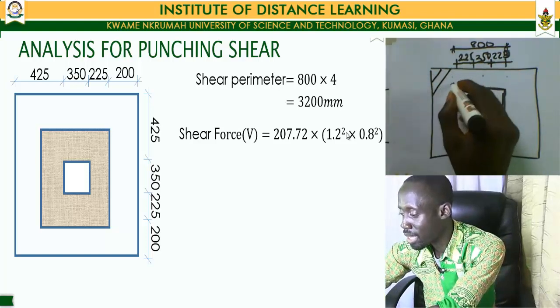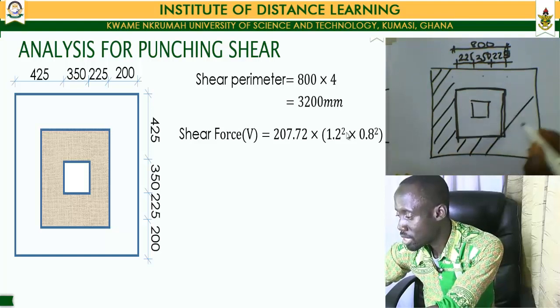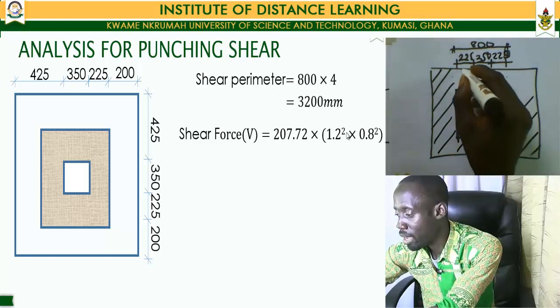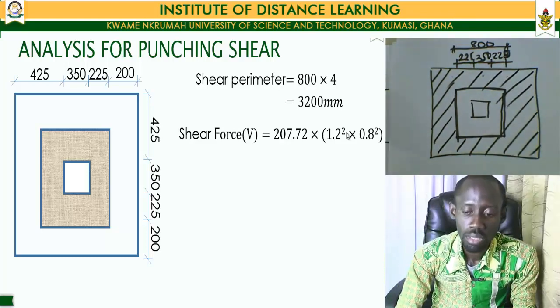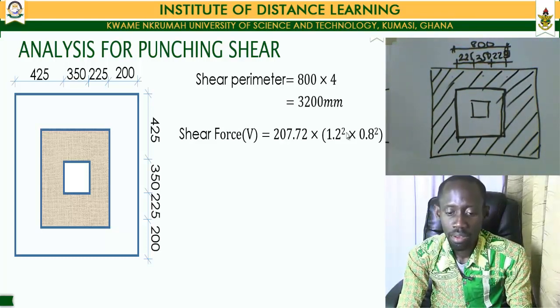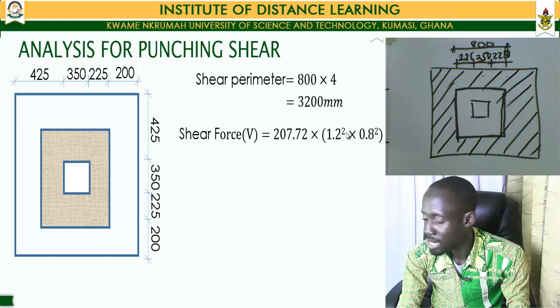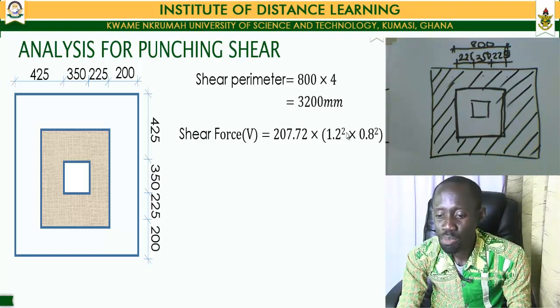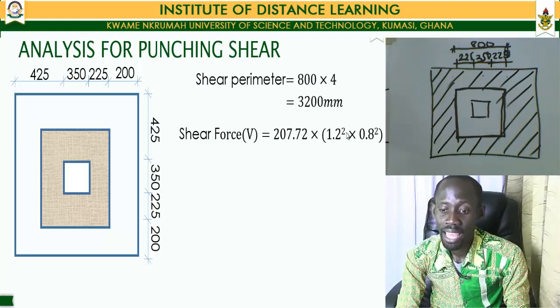And that is what has been hatched out for us. So this becomes our punching shear area. Thus, in determining the shear force value, we pick the pressure being exerted on the shaded area and we multiply it by that area.